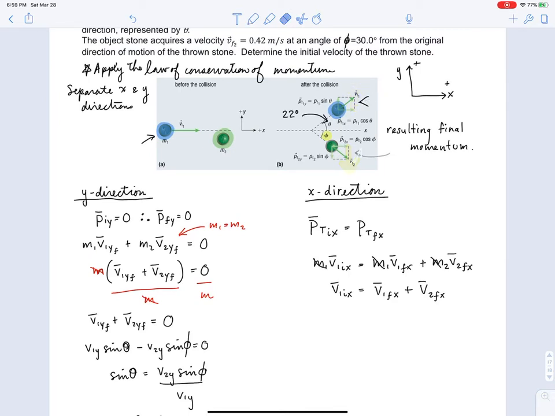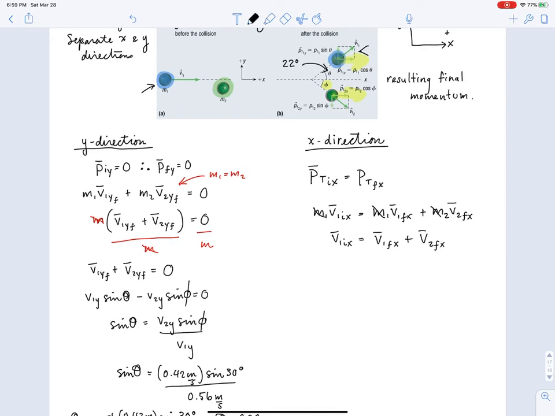Perfect. If we take a look, I'm going to clean up this diagram a little bit. I just want to show you exactly what we're looking at. We are looking at the x component of the velocity. These components are the adjacent with respect to the angle and the hypotenuse. So we can write these using the trigonometric ratios: 0.56 cos, and we've just determined this angle, 22 degrees.